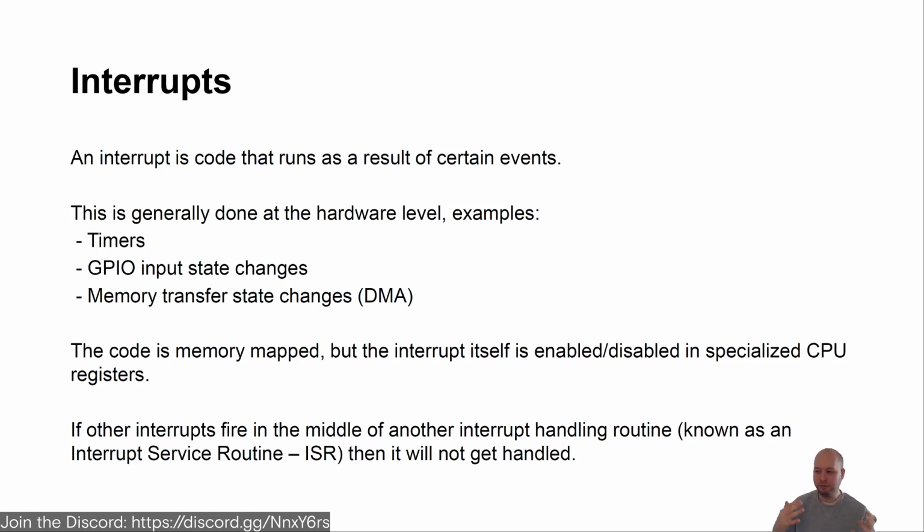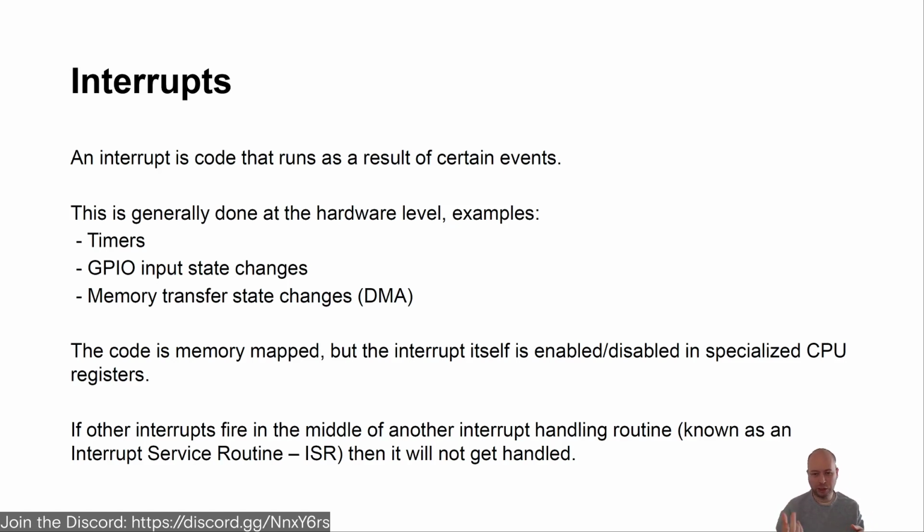Or say you have a memory transfer state change, which is also, by the way, done by way of a GPIO input state change. Pretty much all interrupts that are not internal to the CPU are done by way of GPIO state changes. With that said, there's a lot of internal states that can change, and that's usually what causes an interrupt. So it's a state change.